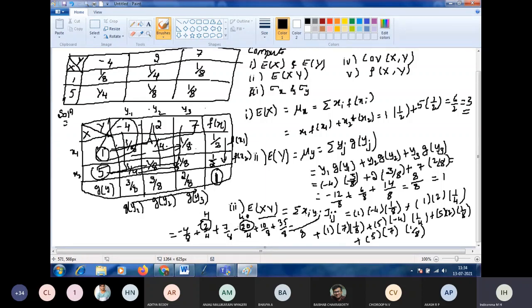First add the positive terms: 7 plus 10 is 17, 17 plus 35 is 52. 52 minus 40 is 12, so 12 by 8, which is 3 by 2. Expectation of xy is 3 by 2. Is it right?